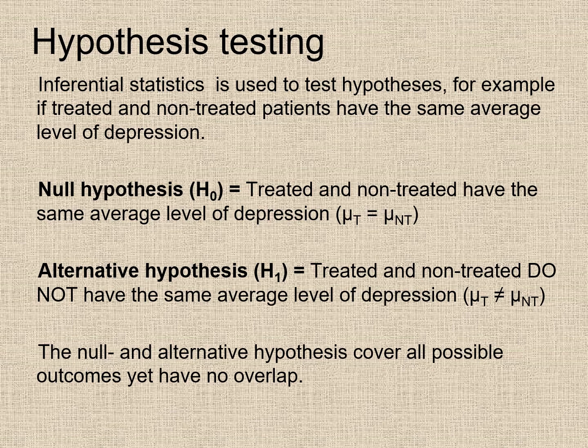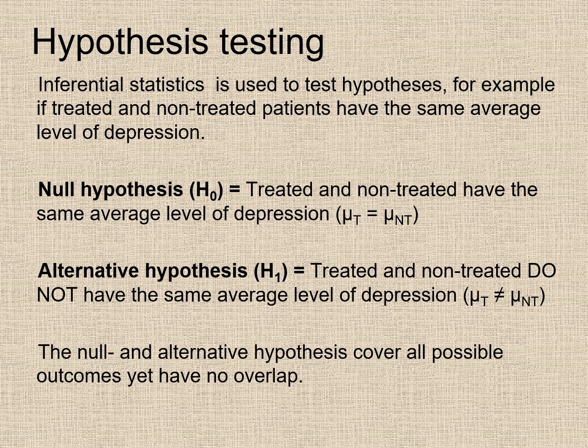If we want to test if there is a difference in IQ between Italian and Spanish men, then the null hypothesis is that there is no difference in average IQ between Spanish and Italian men. So if we are going to test if there's a difference between two population means, the null hypothesis is always that there is no difference between the population means.